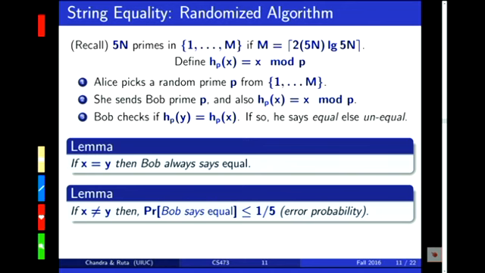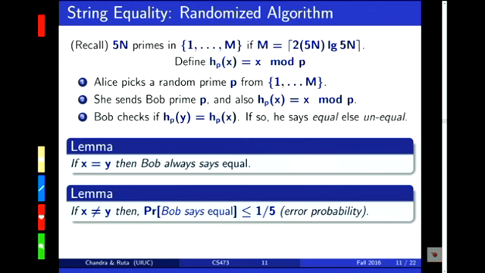Now, before we go into the proof, I want to give an intuition. Why is this at most 1/5? There is a relation with this 5n here. Suppose x does not equal y, but you see that hp of y equals hp of x.